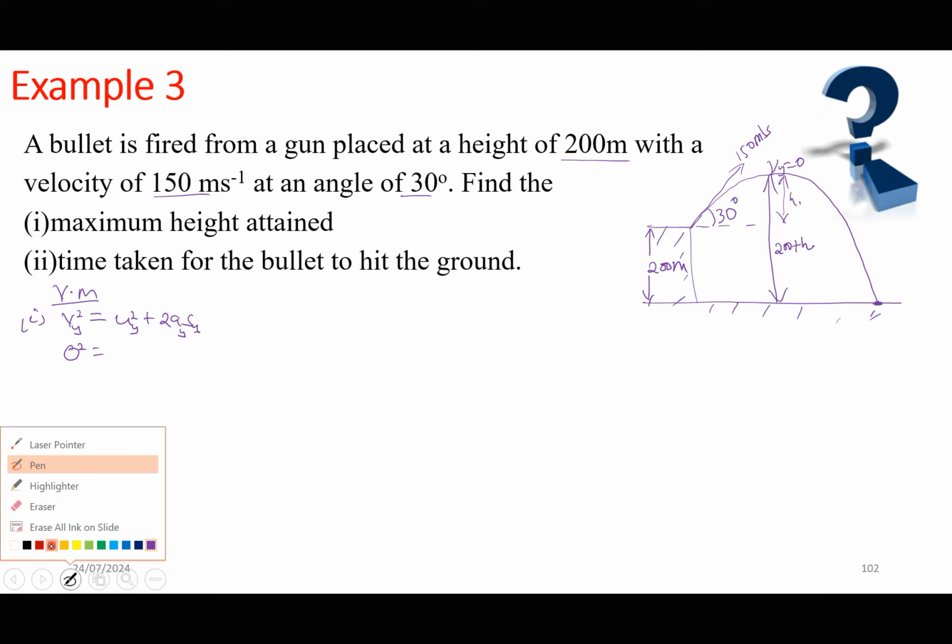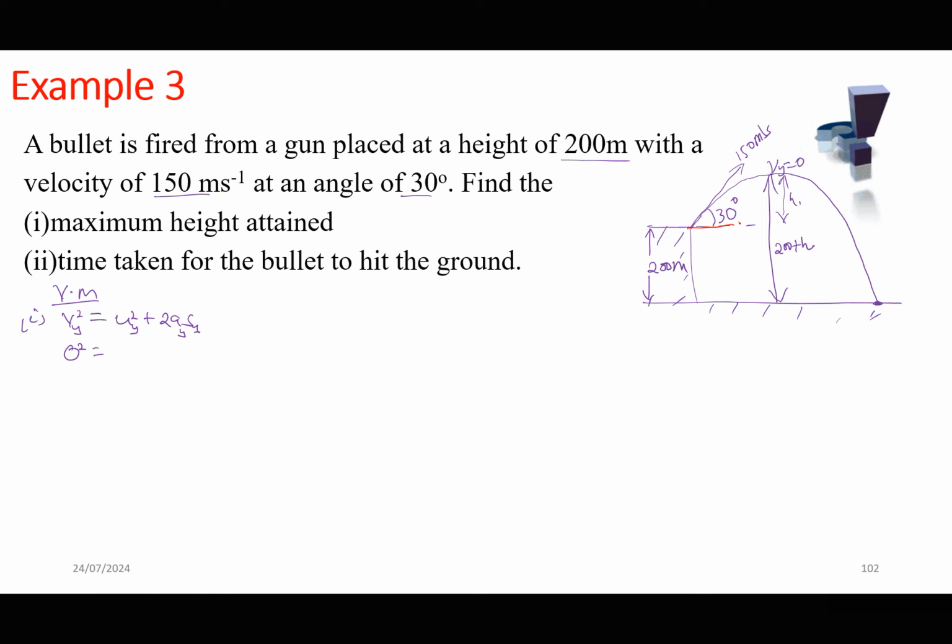So let me change the color here for simplicity. So in the horizontal it is 150 cos of 30. In the vertical, when I resolve, it will be 150 sine of 30.